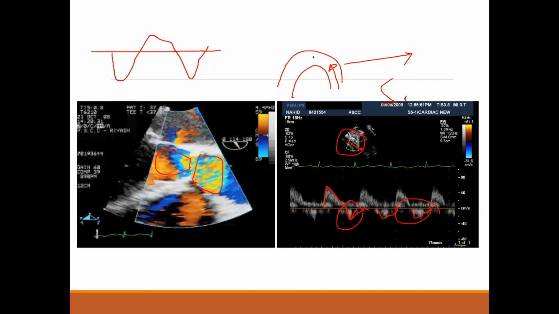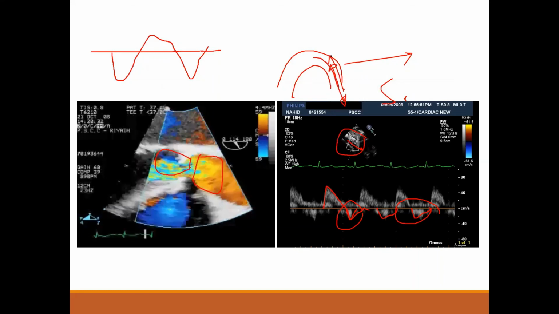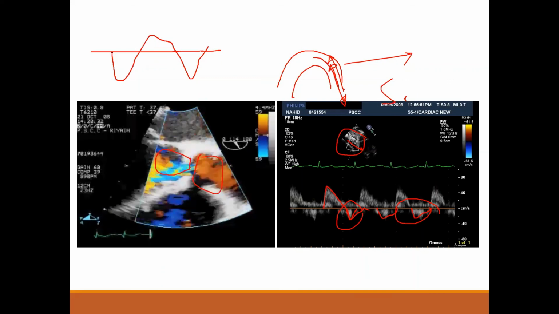In the thoracic aorta the forward flow goes this way and the reversal goes this way. That's why we see the forward flow below the baseline and the AR reversal above the baseline.